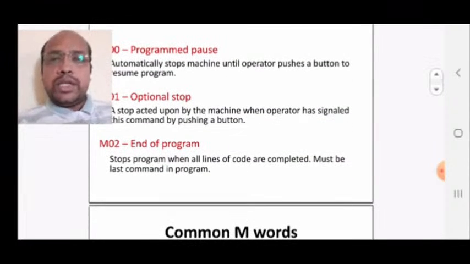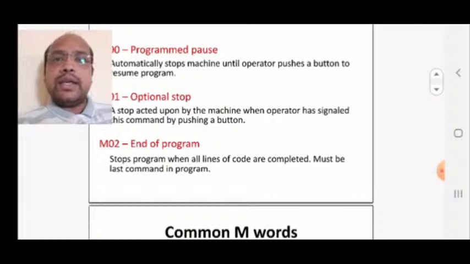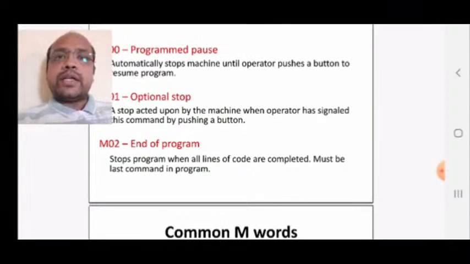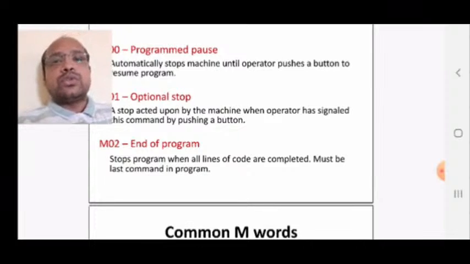M02 is only used for defining the end of the program. Stop the program when all lines of the code are completed. When you write a complete part program, you have to define that the program is over, so you have to insert M02 code.